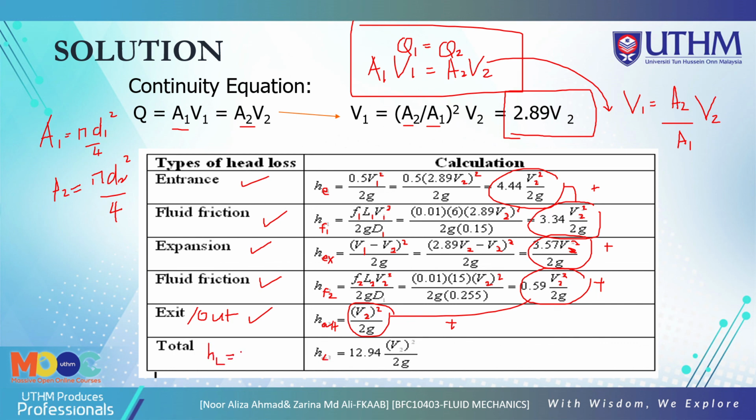Head losses must include HF plus HM. The total of these losses is 12.94 V2 squared over 2g. So this is just calculating the head loss.